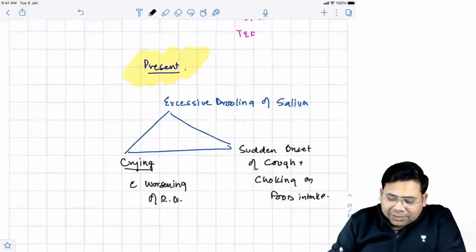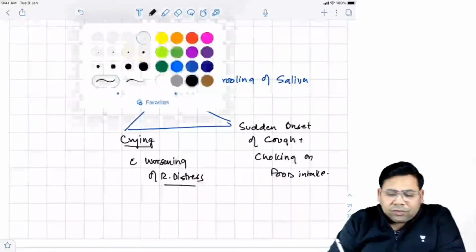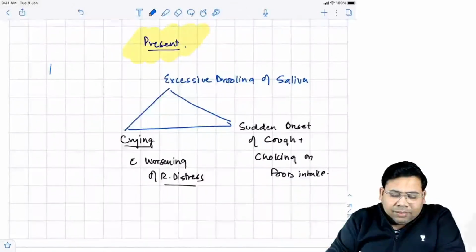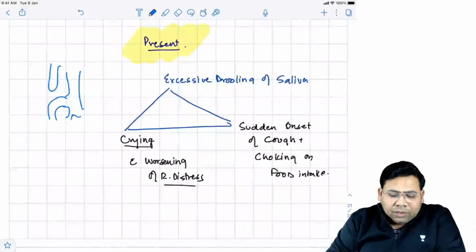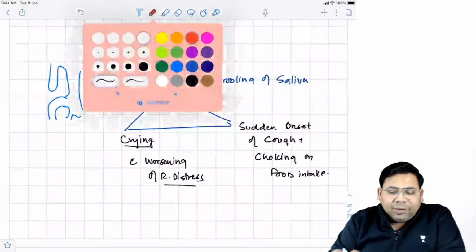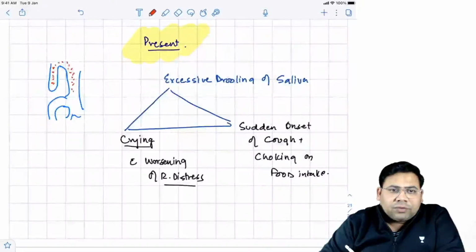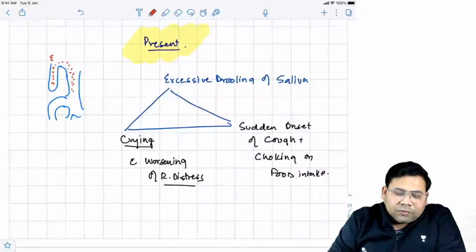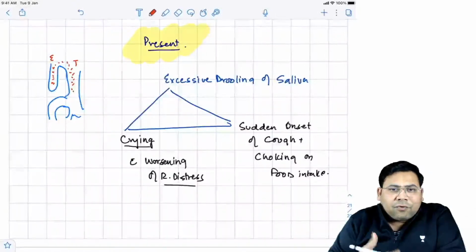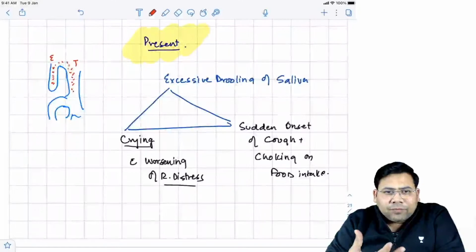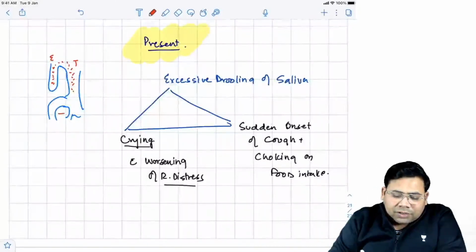Now why does this happen? Try to understand one very simple thing. I'll not go into too much depth, but the most common type is type C. Now this is the trachea. When you are feeding the baby, the food goes from the esophagus into the trachea, and therefore there is violent onset of cough and choking.